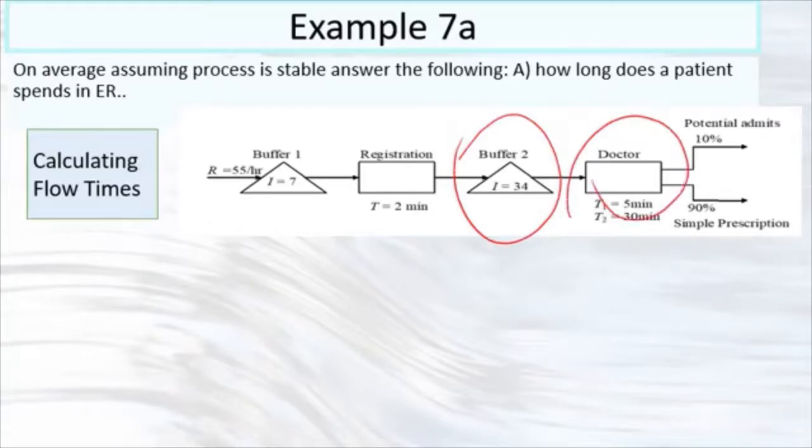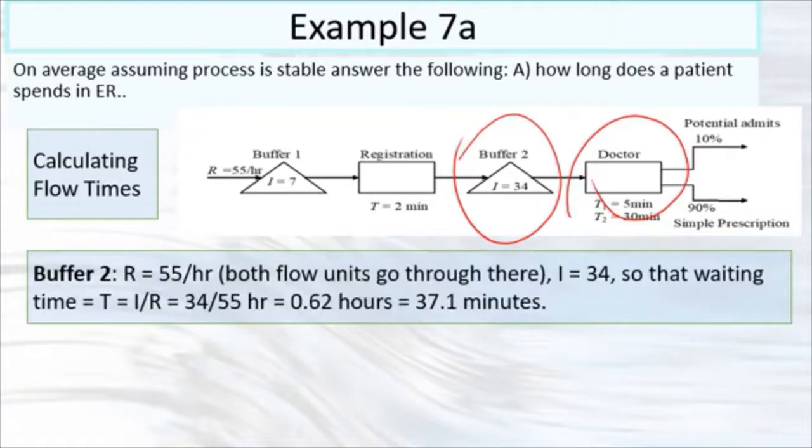We've already calculated buffer 1 and registration. For buffer 2, we know what I is. I is given to us, 34, and we know the flow rate is still the same, 55. So the time would be just I over R, and we get 0.62 hours.